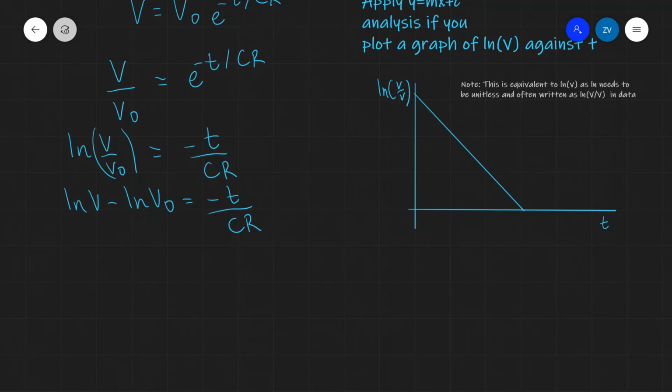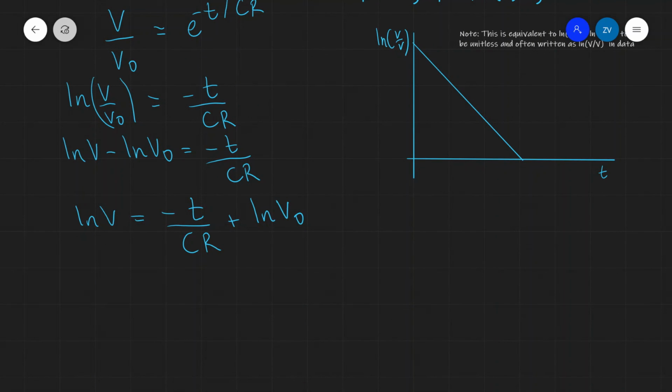So we can directly rearrange for ln of v. ln of v will be equal to minus t over cr plus ln of v naught, the ln of our initial voltage. Now we're ready to apply y is equal to mx plus c. So y is equal to mx, where m is the gradient, plus c.